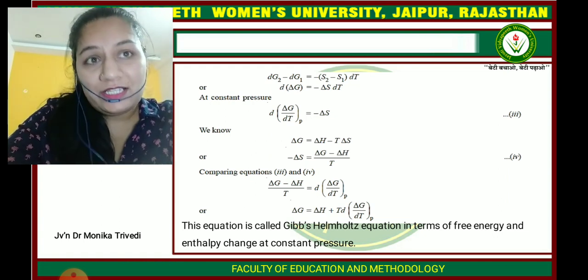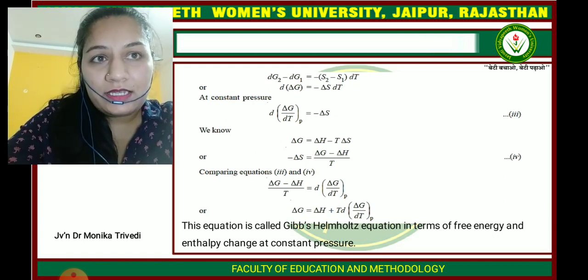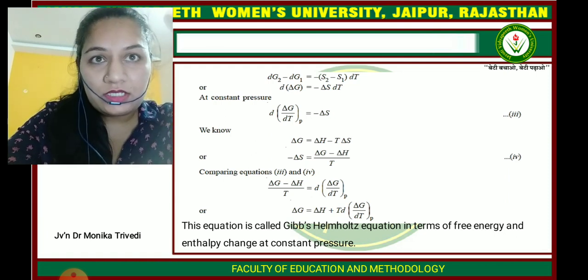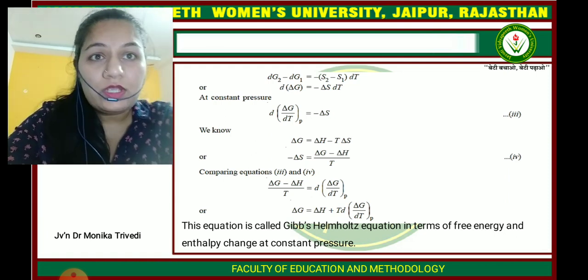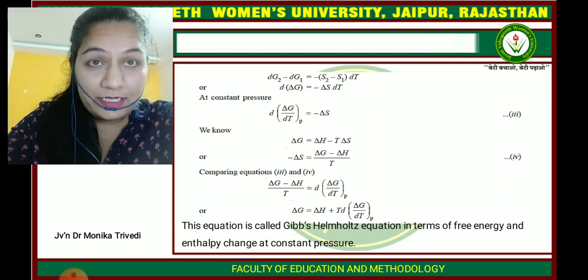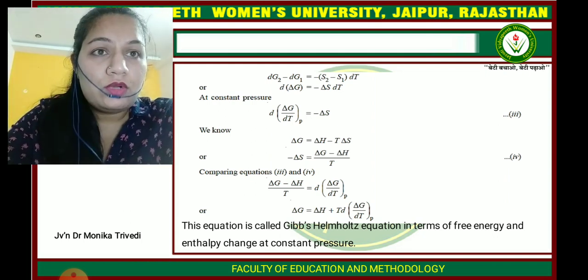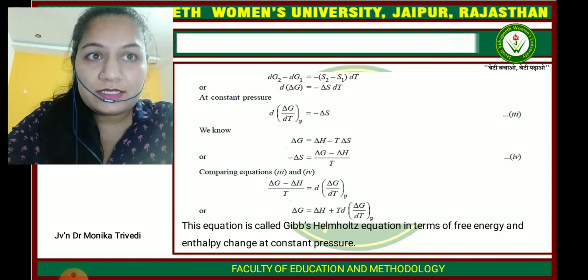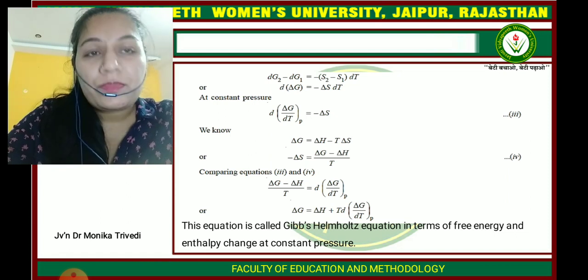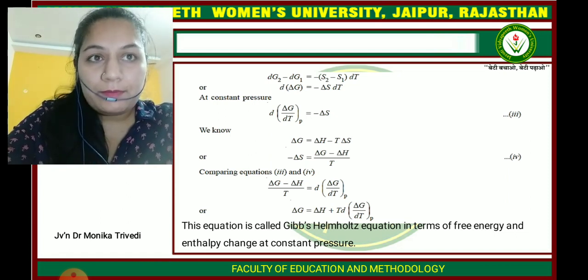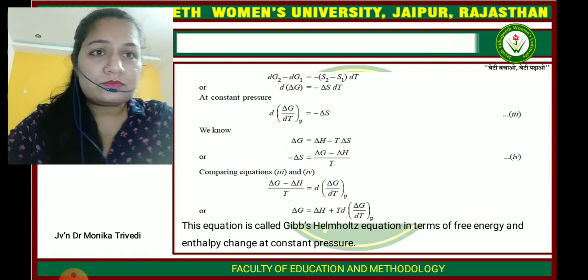As we know, del G is equals to del H minus T del S, the change in Gibbs energy. So if we calculate the value of minus del S from this equation, we get minus del S is equals to (del G minus del H) divided by T. By comparing equation 3 and equation 4, what do we get?